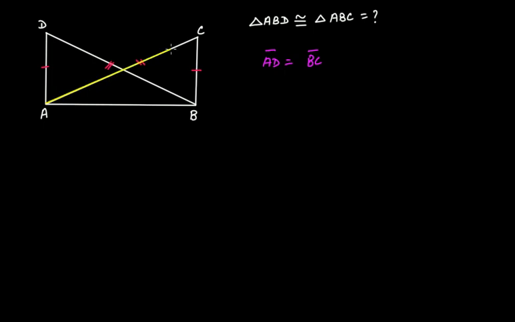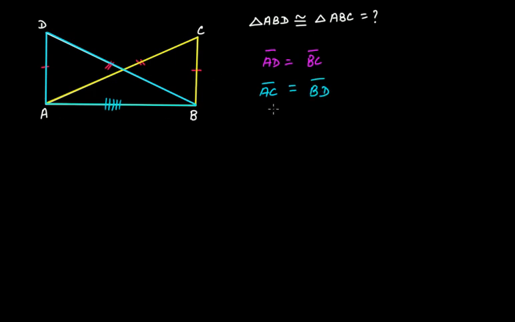It's talking about this triangle and this triangle. Now you can clearly see that this is actually the common side of this triangle and this triangle. AD is equal to BC, and this double mark tells you that side AC is equal to side BD.